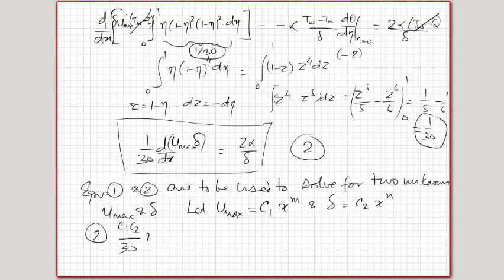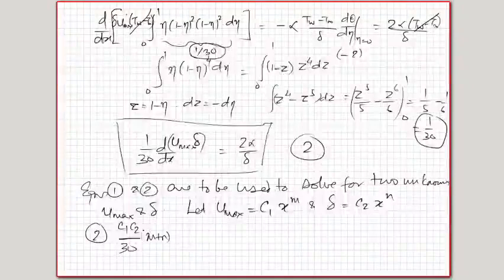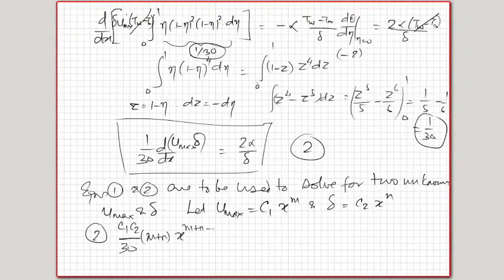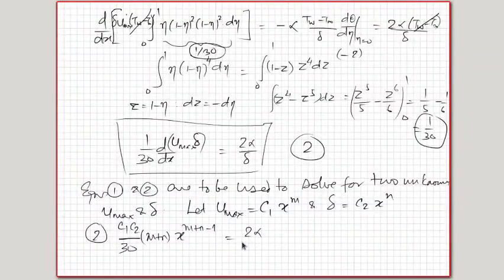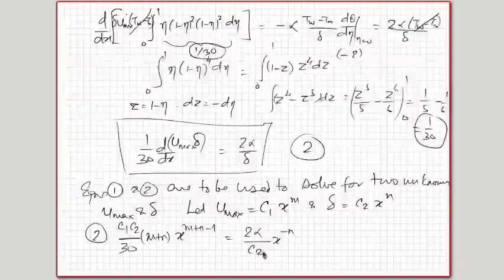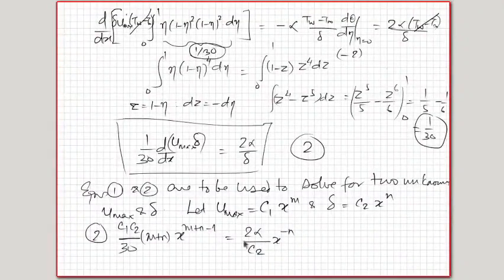So it will be m plus n into x to the power of m plus n minus 1. Okay, so that is the left hand side. This will be equal to 2 alpha divided by delta, which is C2 into x to the power of n in the denominator, so it can rest here.